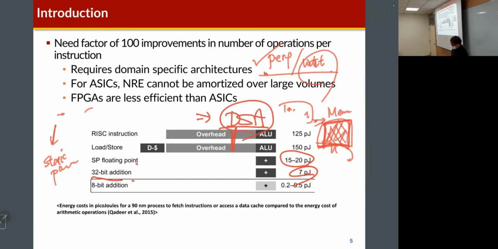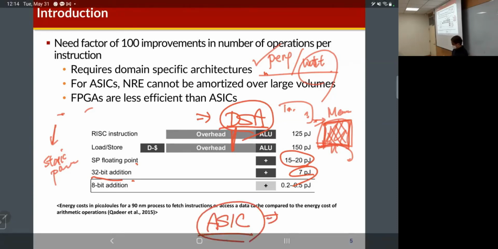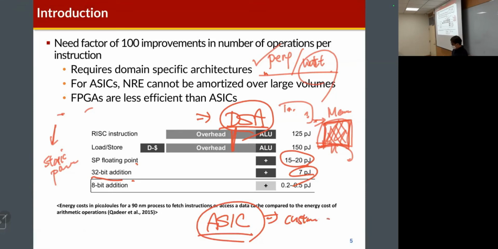Actually, have you heard about the ASIC? ASIC means just a custom chip. If we can build an ASIC, then the ASIC will exhibit the most efficient power performance, because an ASIC is a custom chip. But with an ASIC, we cannot execute general instructions. So what is the main feature of the processor?